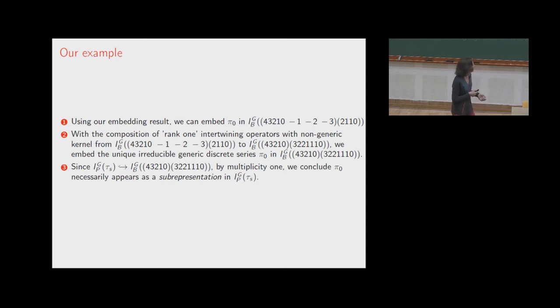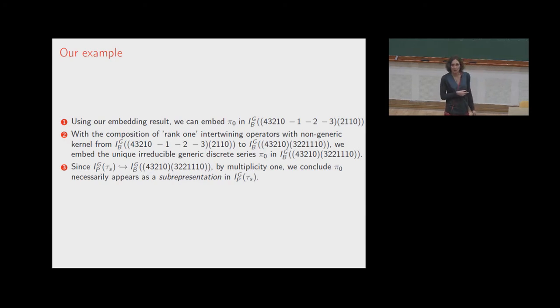So now you got these embedding results, is the first line, and you want a composition of what I call rank 1 operators, the intertwining operators I have been explaining before. You can compose those rank 1 intertwining operators with non-generic kernels from this induced representation to the one defined in the setting.